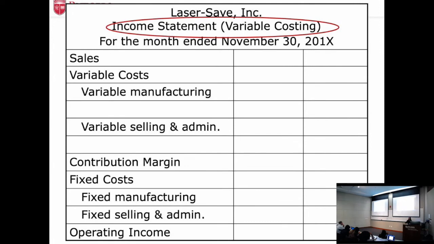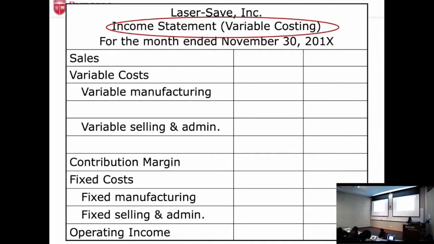But if we calculate the operating income under the variable cost, so before I do the calculation, what's your hypothesis? What should be the operating income? So under the variable costing, does the unit production cost change? Does it change, Rafael? The unit production cost in the variable costing, does it change? Say no. They are the same, right?